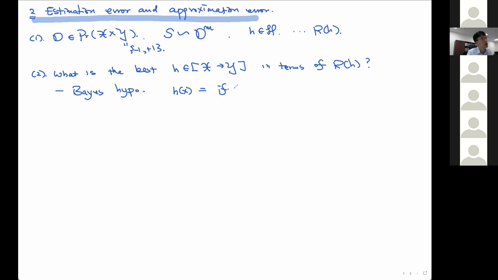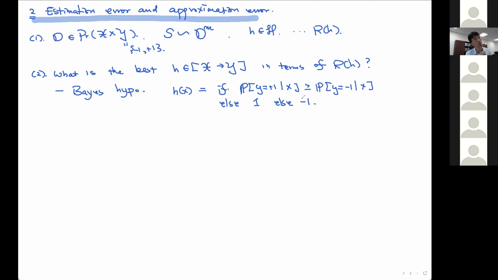If the conditional probability that the label is 1 given x is greater than or equal to the probability that the label is -1, we return +1, otherwise we return -1.